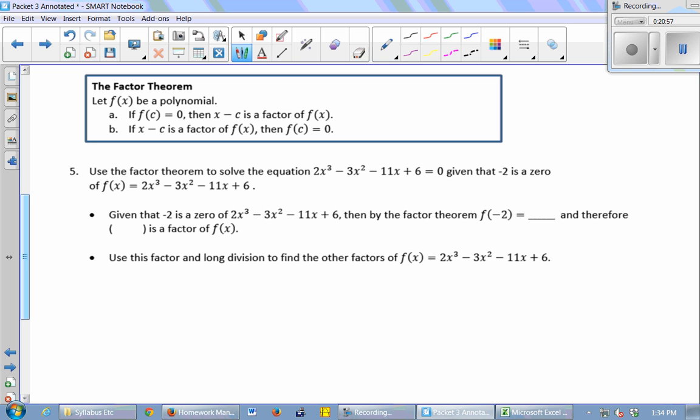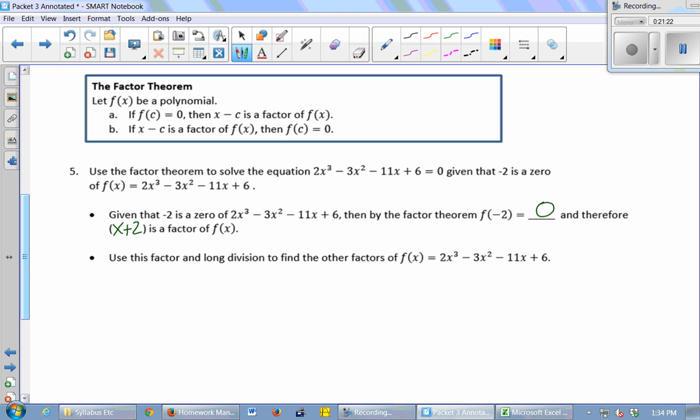Okay. So here I put up a couple of bullets that are going to walk us through it. So since -2 is a 0, then by the factor theorem, f of -2 equals what? 0. Yeah, that's what it means to be a 0. So if -2 is a 0, then what's a factor? X plus 2. Yep.